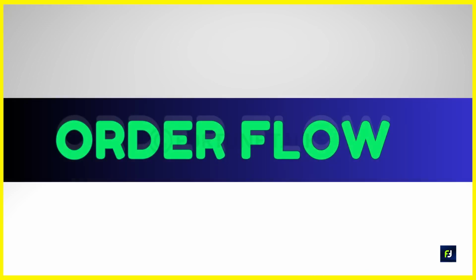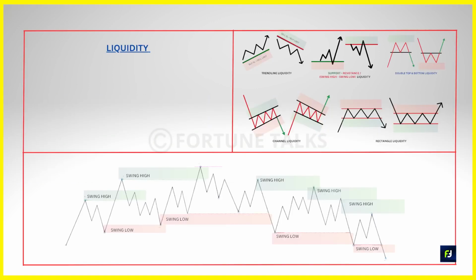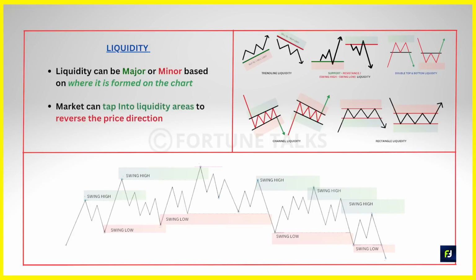We will begin with the order flow. I have told you in the liquidity videos that market moves from one area of liquidity to the other. This can either be internal or minor liquidity, or external or major liquidity. The market can tap into either of these liquidity areas or zones and then reverse the price direction after sweeping the retailer orders.